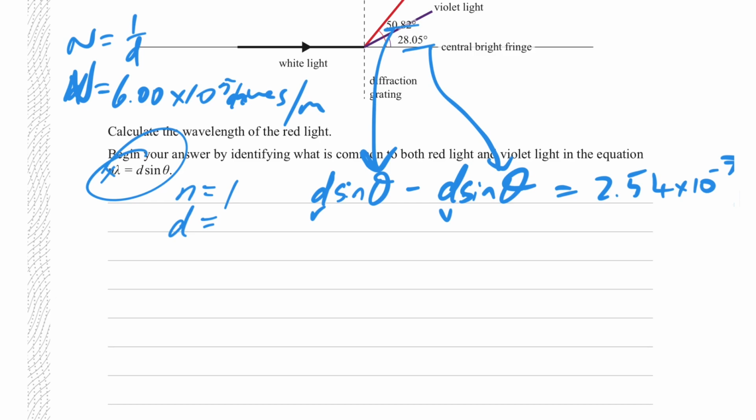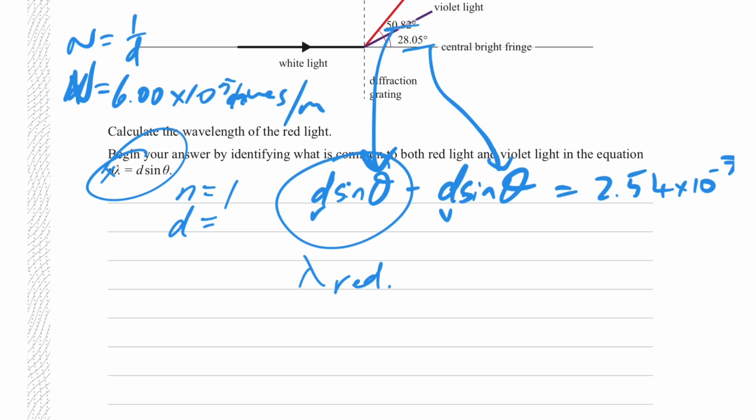So where does that leave us? Well, if n equals 1, then this part equals the wavelength of the red. And so you can rearrange your calculation, because we know the d value, we know the sine value.